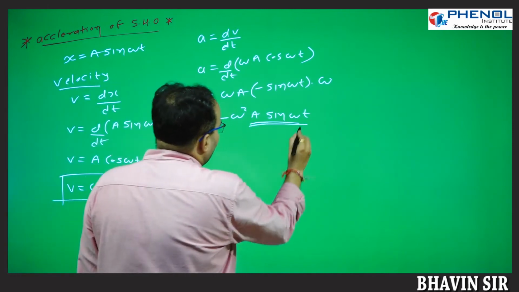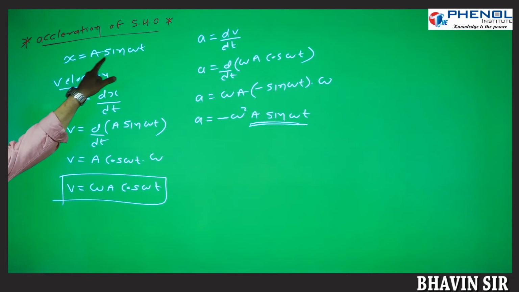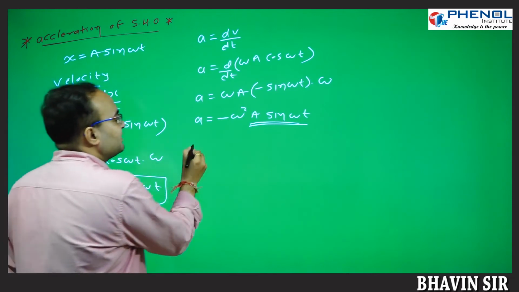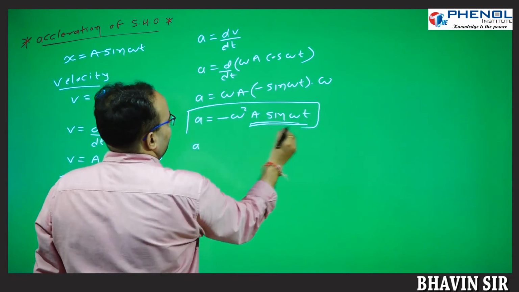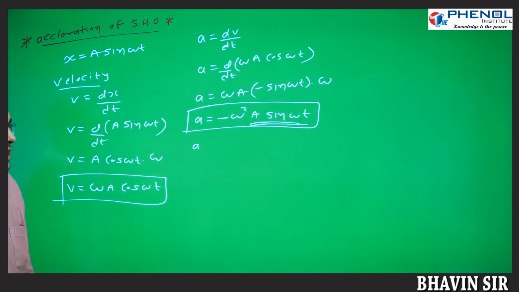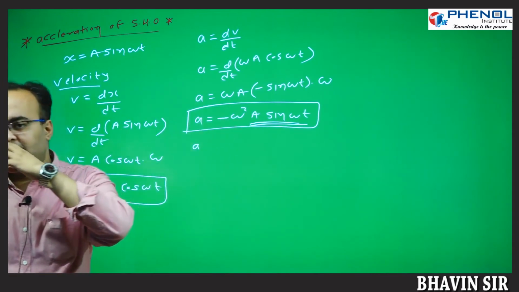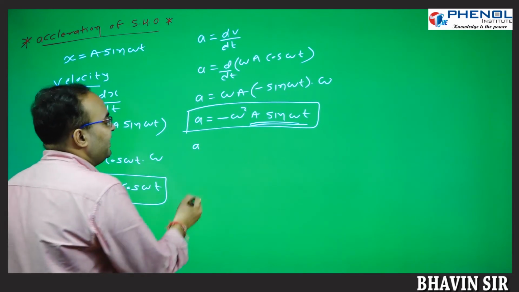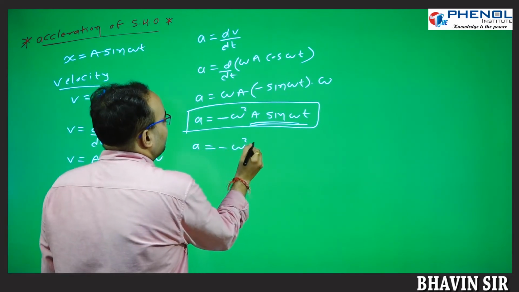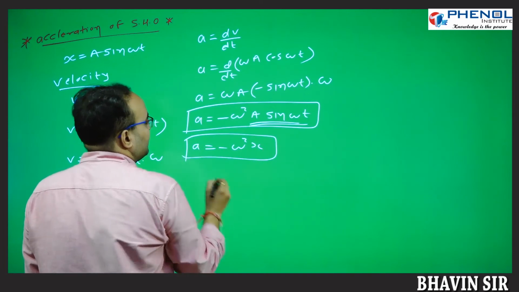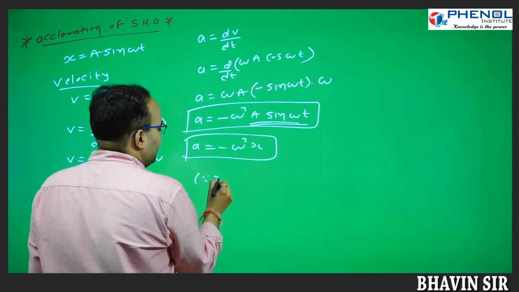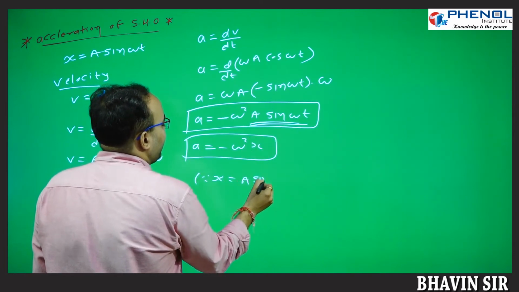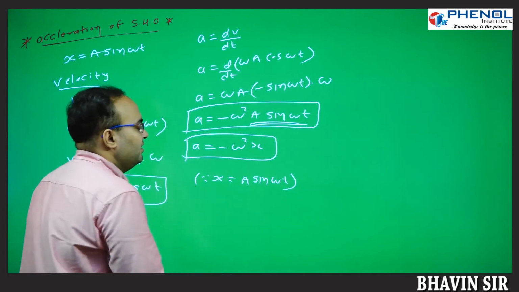So what is A sin omega t? A sin omega t is x. This is the acceleration in terms of trigonometric function. Now in terms of x, it is minus omega square x, because x equals A sin omega t.